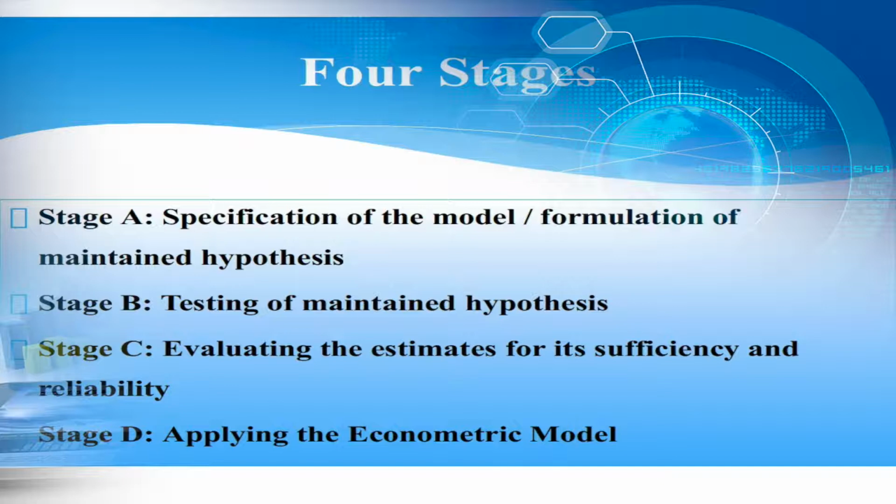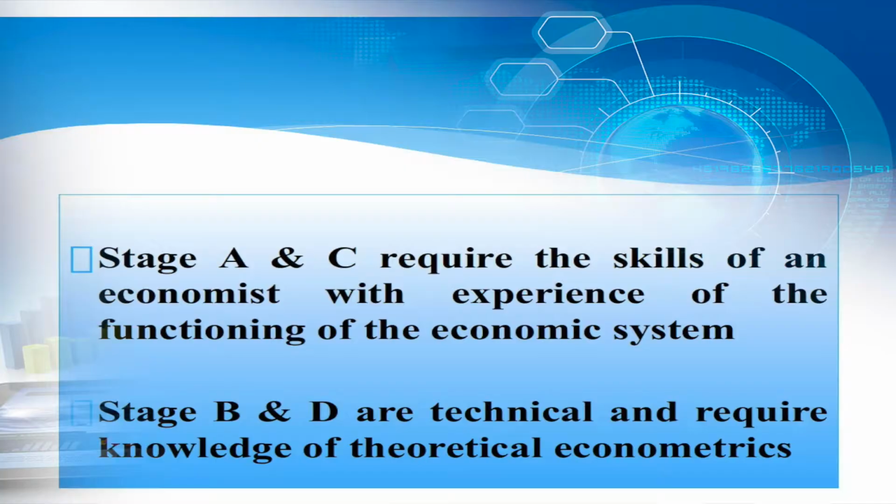In stage D, we will apply the econometric model for various purposes. In this, stage A and stage C are important for any econometric research. They require the skills of an economist with experience of the functioning of the economic system. Stage B and D are technical and require knowledge of theoretical econometrics.